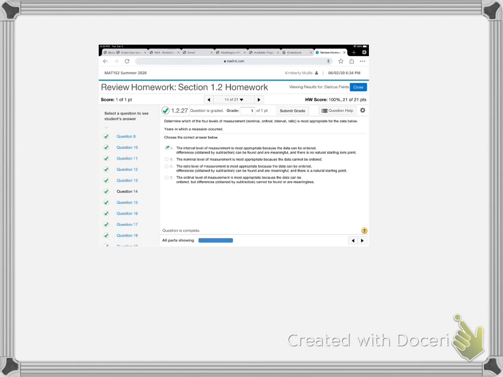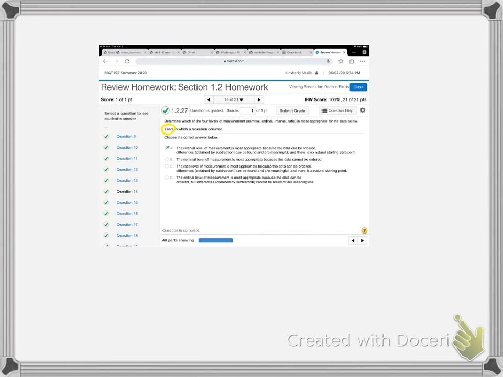Now we come to the next example, and we're talking about the years in which a recession occurred. When we're talking about years, there is no natural 0, because time is on a continuum. As we're moving into the future, we have an unknown number of years before us.